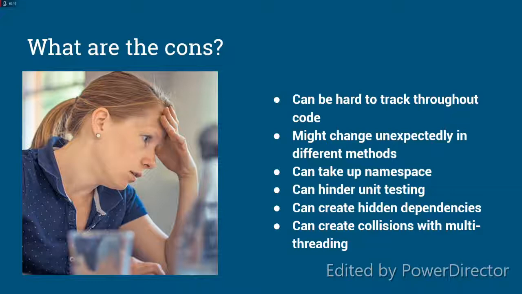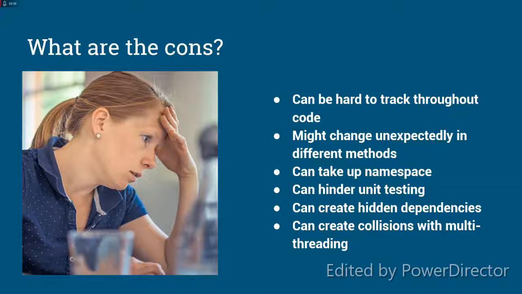Lastly, the singleton can cause collisions within multi-threading. Since a singleton is only one instance, if several people want to change the state of the singleton, it can create an issue, since there is only one singleton.